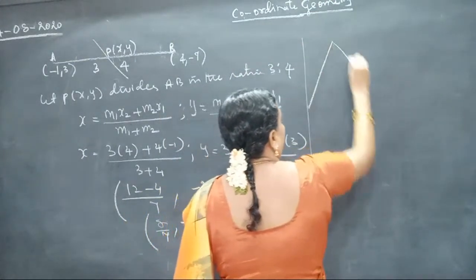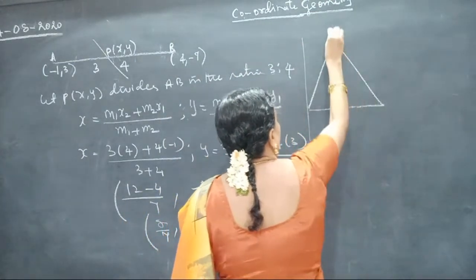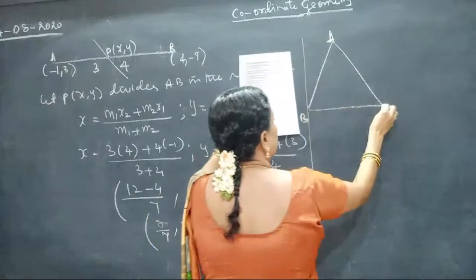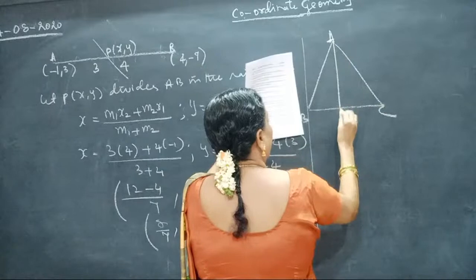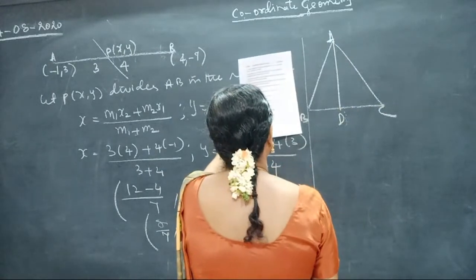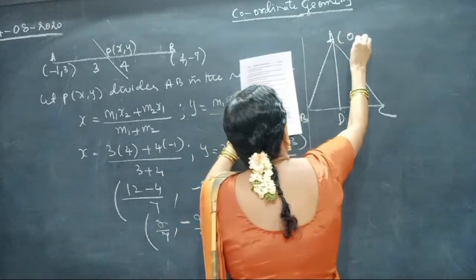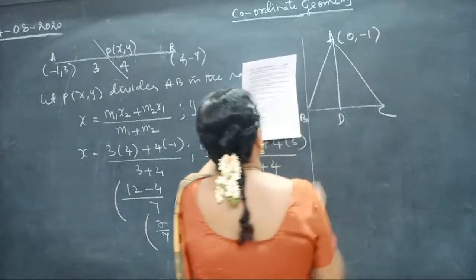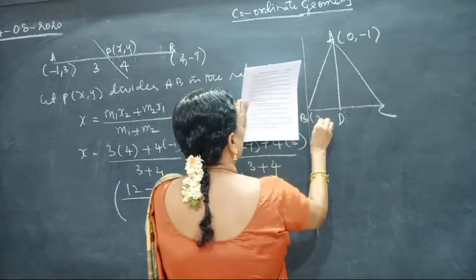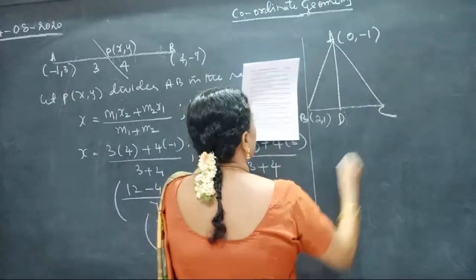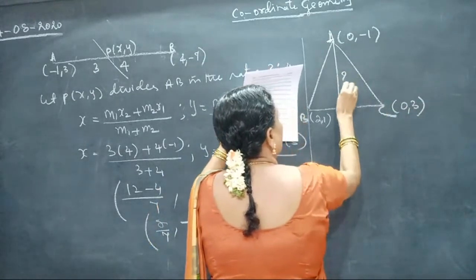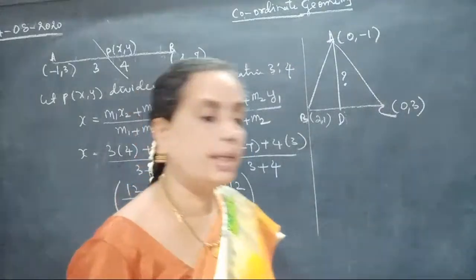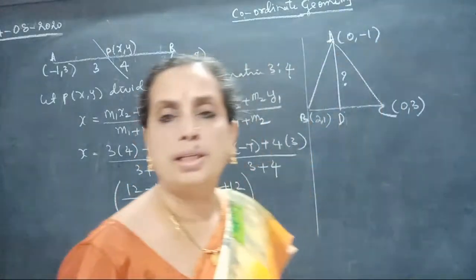I give the figure. It is given triangle ABC. Let us find only one length of the median, AD, where A is (0, minus 1), B is (2, 1), C is (0, 3). We should find the length AD, that is, using the distance formula.